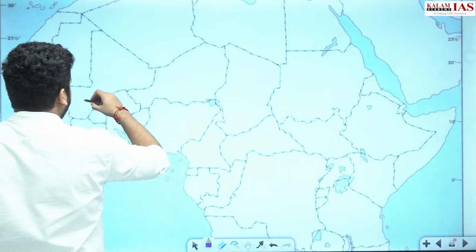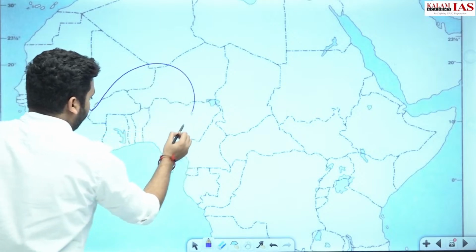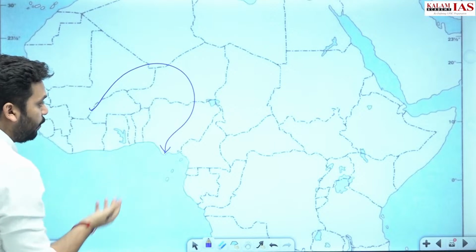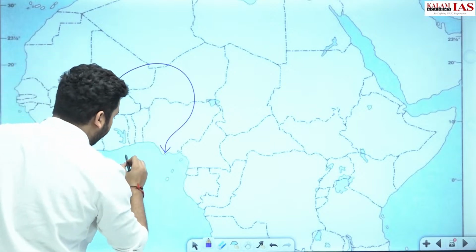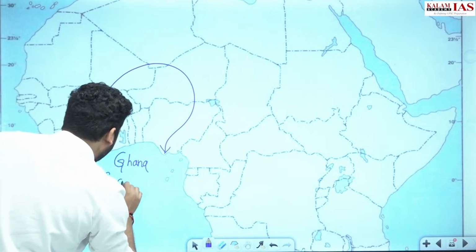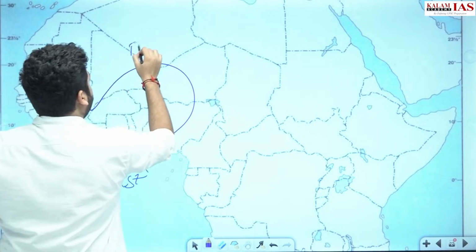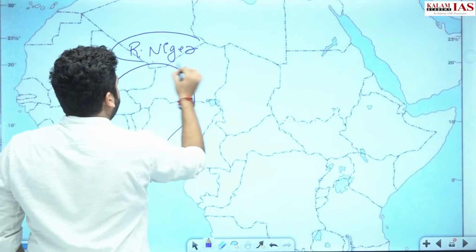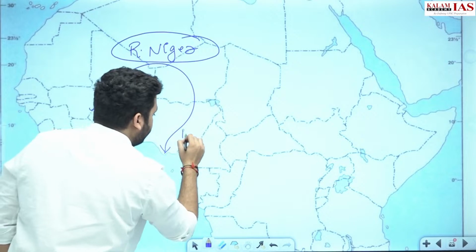Then we have another important river, River Niger. It is draining out near the Ghana coast, from Nigeria.